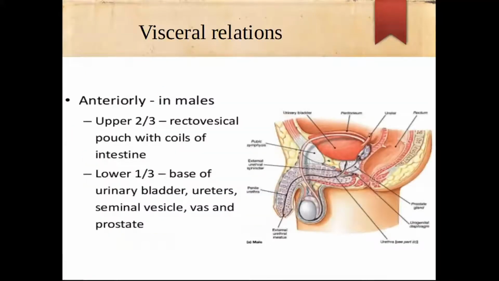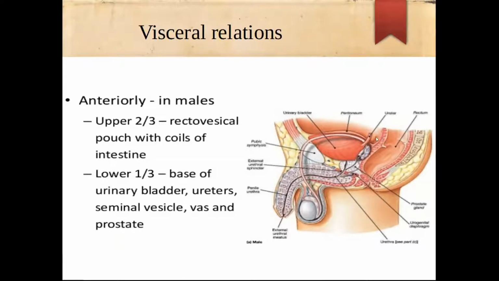What are the relations of the rectum? I think the relations are different between males and females. If you note here in the pictures, this is the rectum. In the upper two-thirds anteriorly there is the rectovesical pouch. Usually in the rectovesical pouch you find coils of small bowel, and sometimes the sigmoid colon.